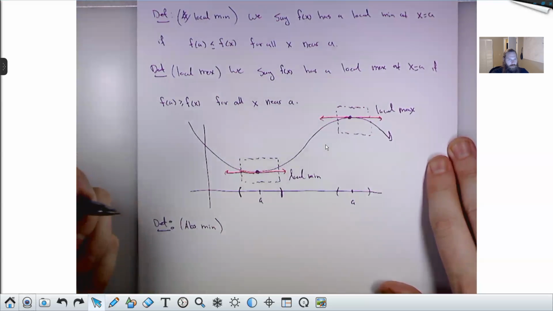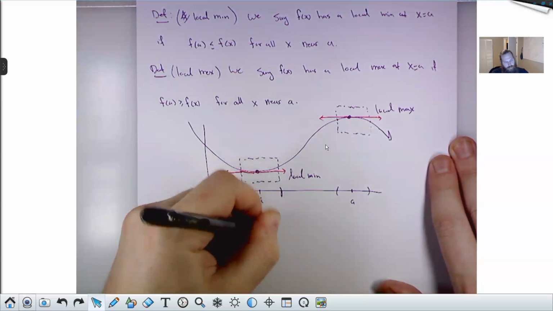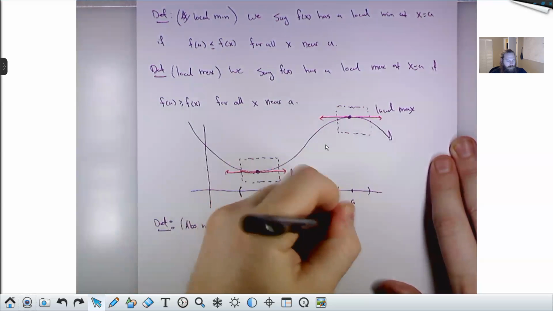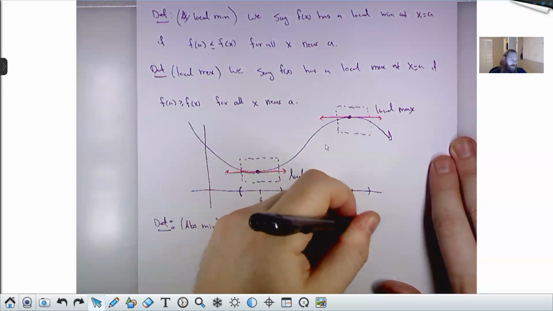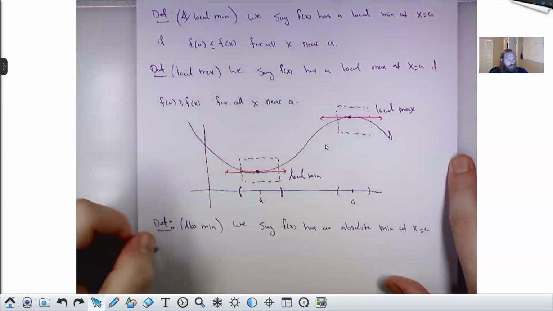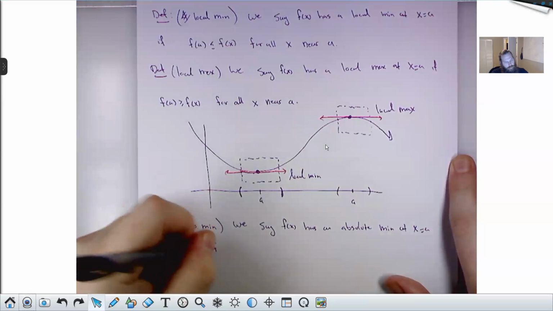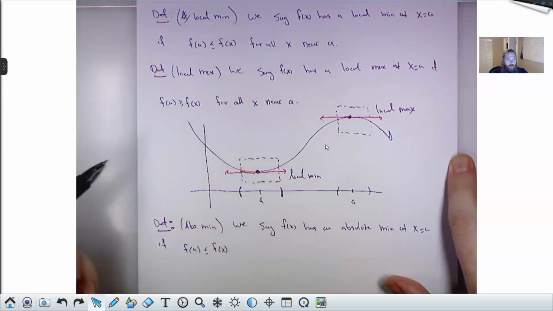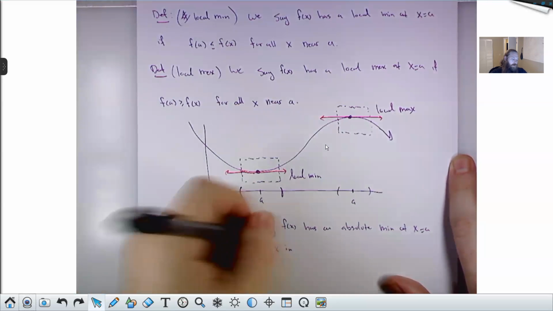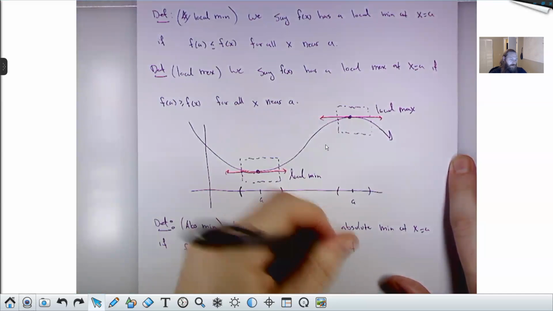So an abs min, short for absolute, we say f of x has an absolute min at x equals a if f of a is less than or equal to f of x, not just for all x near a, but for all x in the domain of f.